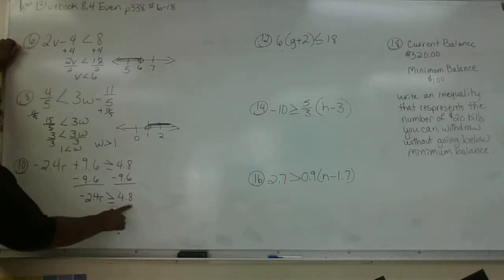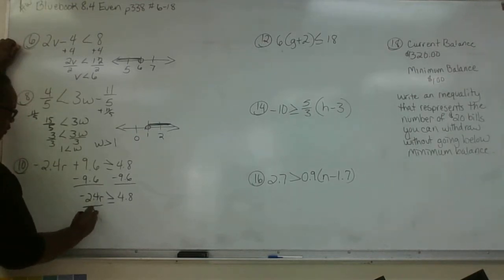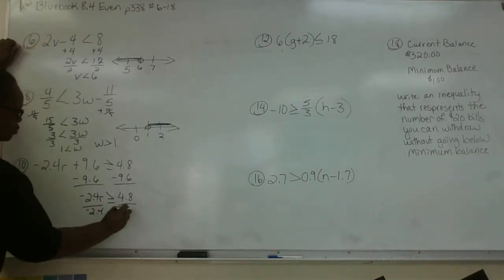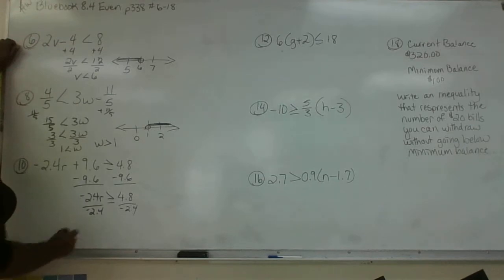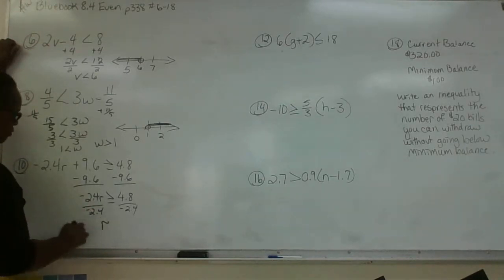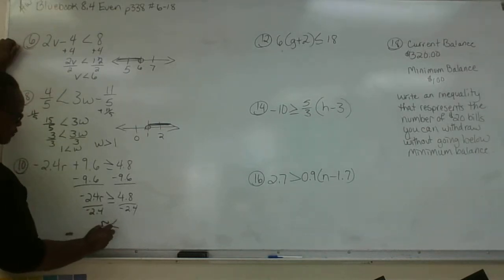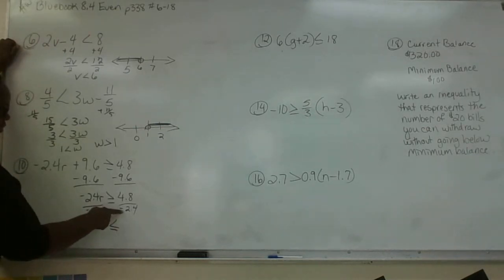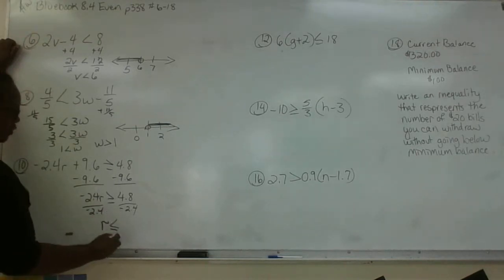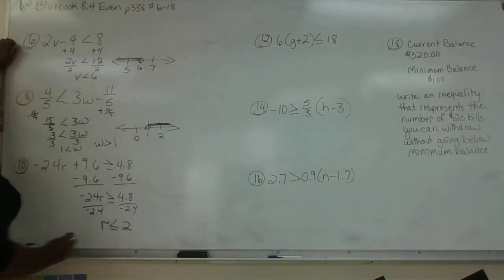We want to divide both sides by negative 2.4, and we isolate r, but because we divided by a negative number, the inequality flips to the other side, and then 4.8 divided by negative 2.4 is going to be a 2.